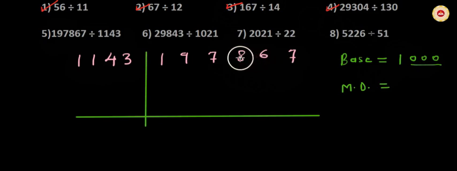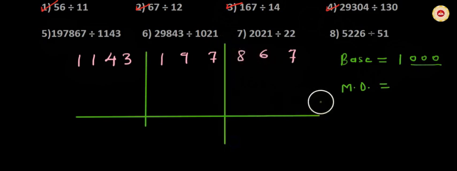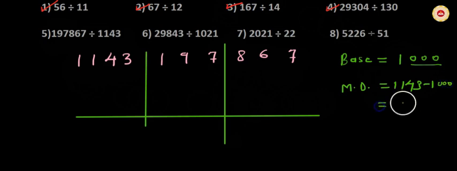1, 2 and 3. Now friends, calculate modified divisor. First of all, calculate deviation. 1,143 minus 1,000, which is equal to 143.